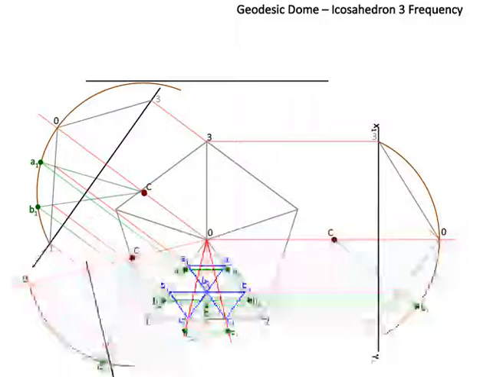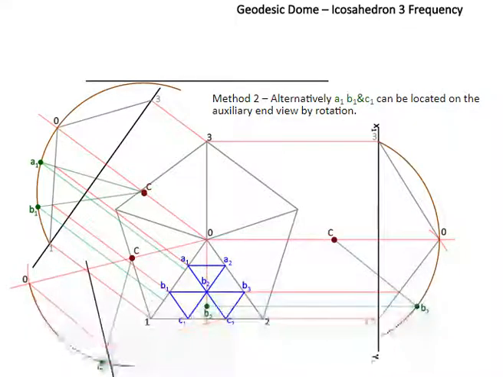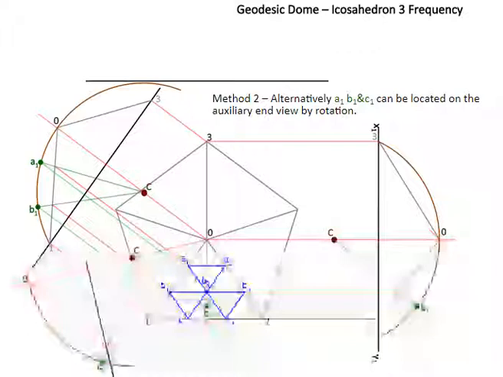So alternatively, there's a method 2, which is to take A1, B1, and C1 and locate them on the auxiliary end view by rotation, as you can see here.